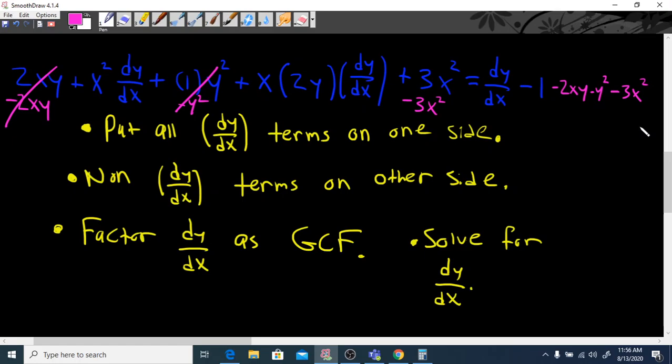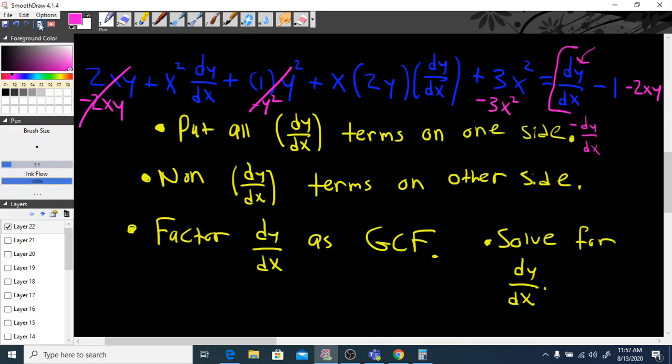Okay, so let's see what we got now. One more thing, sorry. Right-hand side. The right-hand side has this dy dx term. And we're trying to get all the dy dx terms on one side. So I'm actually going to subtract this from both sides. So minus dy dx.